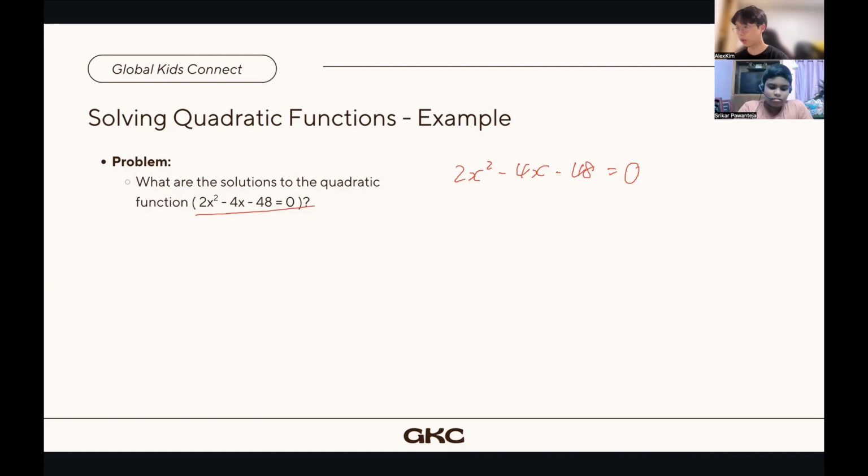From here, if we have to find solutions to the quadratic function, it means we have to find values of x that satisfy the equation. You can see that this entire equation must equal 0. Therefore, we have to find values of x that make this equation equal to 0.